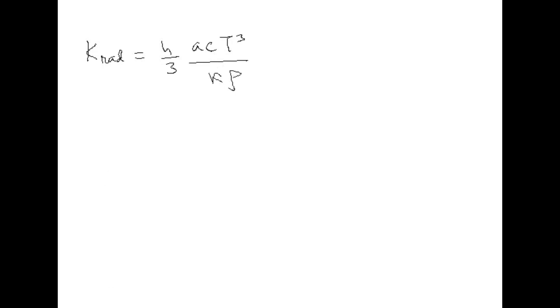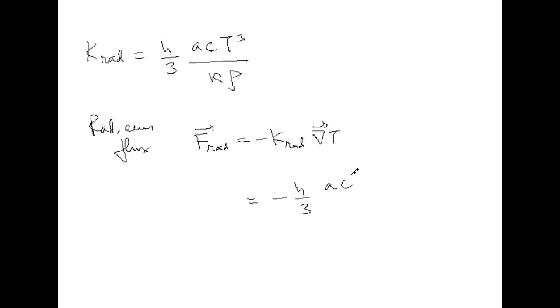So that the radiative energy flux is given by F_rad equal to minus K_rad gradient of T, or equal to minus 4/3 a c T cubed divided by kappa rho, gradient of T.